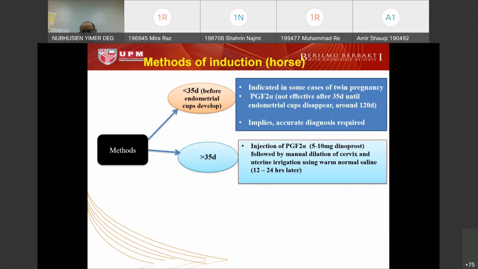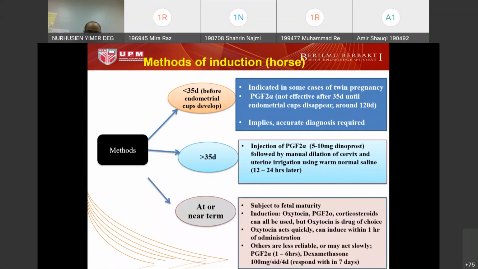You can also manually help to dilate the cervix, followed by uterine irrigation using warm normal saline. This is done 12 to 24 hours after injection of the prostaglandin. Irrigation will facilitate the removal of the remnant part in the uterus.